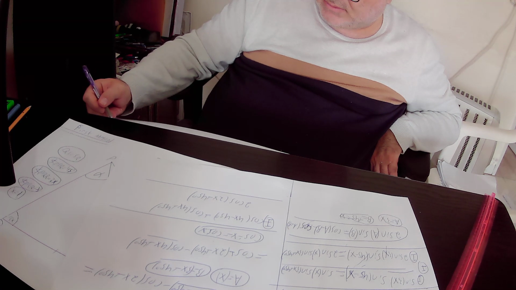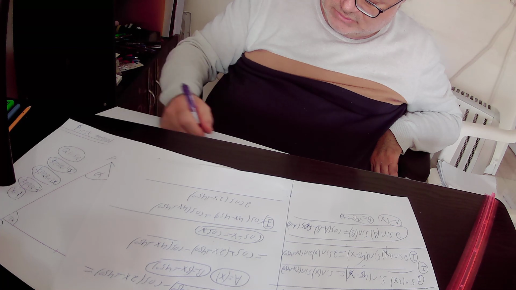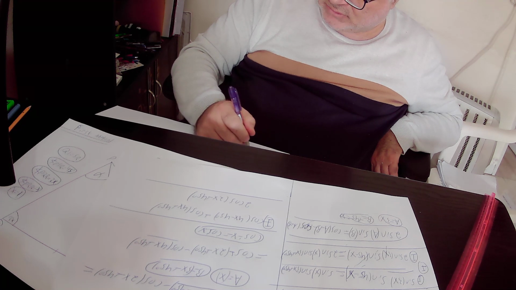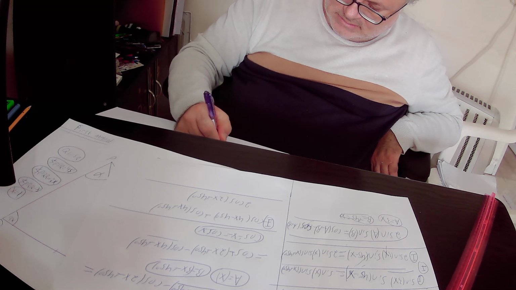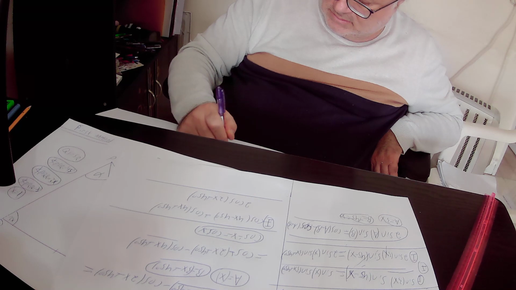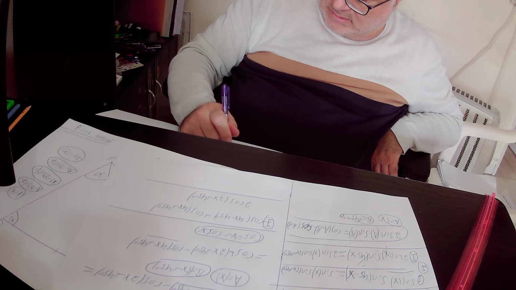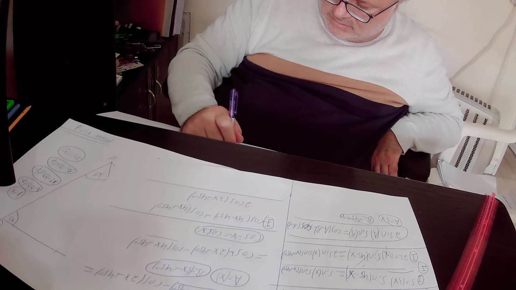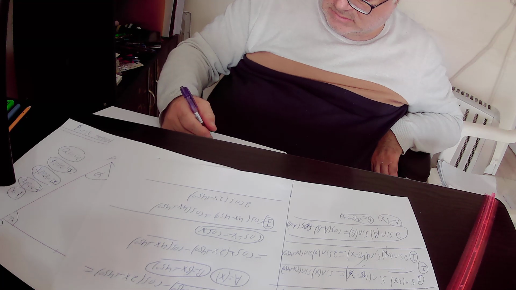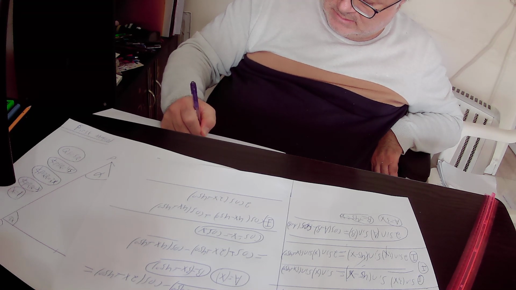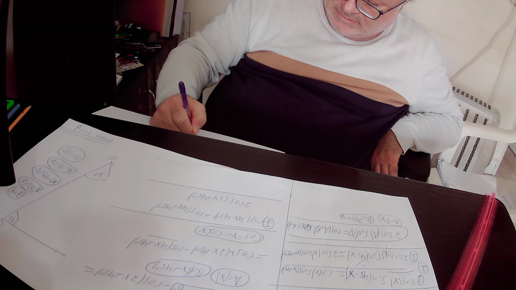So cosine a plus b equals cosine a cosine b, that is to say cosine 2x times cosine 45 degrees, minus sine a times sine b. So it is minus sine 2x times sine 45 degrees.